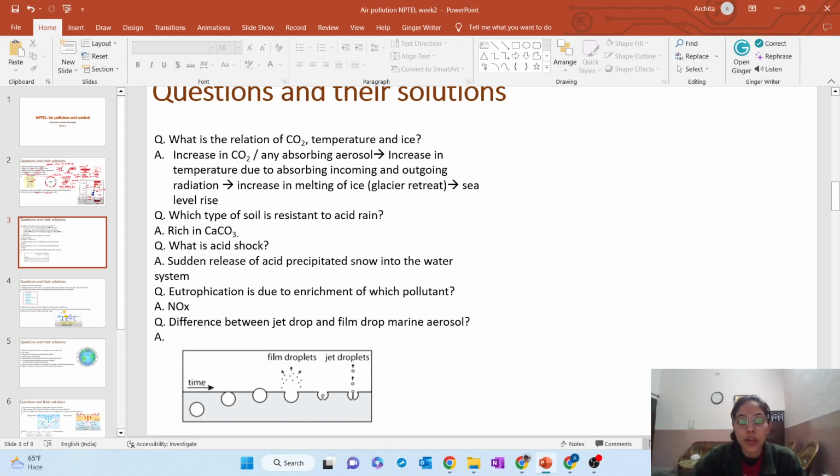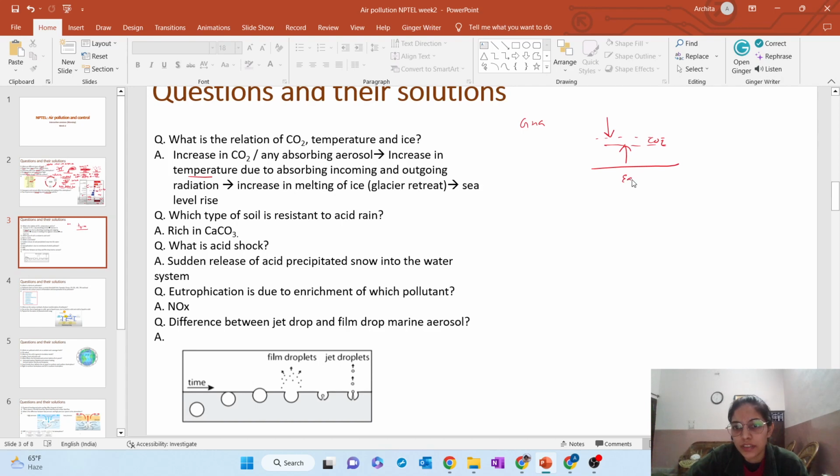So here, if there is an increase in CO2, or any other absorbing aerosol, it leads to warming, hence an increase in temperature. Let's consider for now it's CO2. Now why is CO2 a greenhouse gas? Because if there is CO2 in the atmosphere, let's say this is CO2, there are two types of radiation on the earth. One is incoming, another is outgoing.